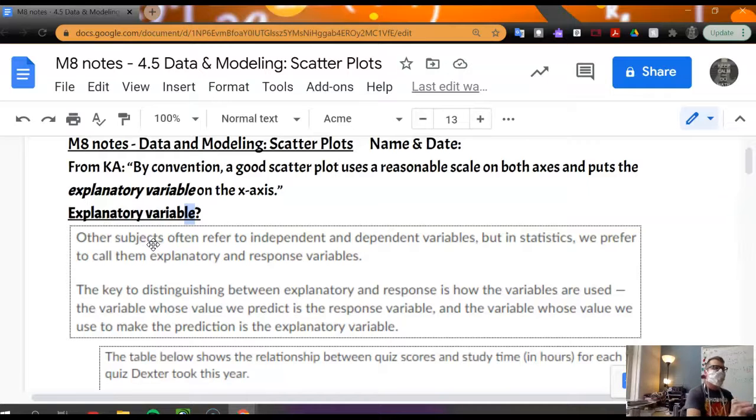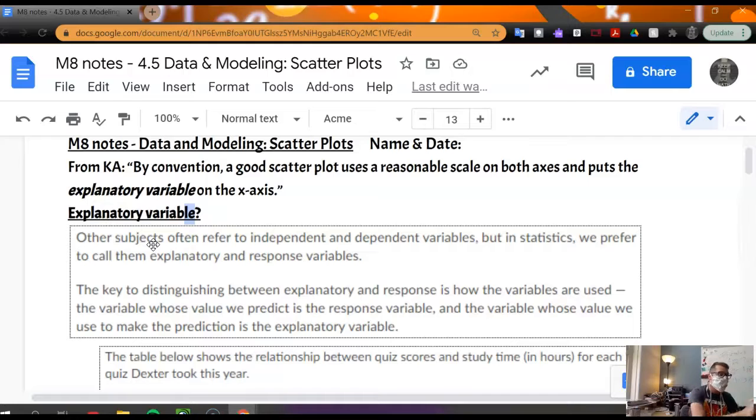Here's the problem, though. Guys, when we model data, can we necessarily say, oh, that depends on that? No. When we model data, we're looking for dependencies and correlations and causations, but we don't know that one thing depends on another thing.